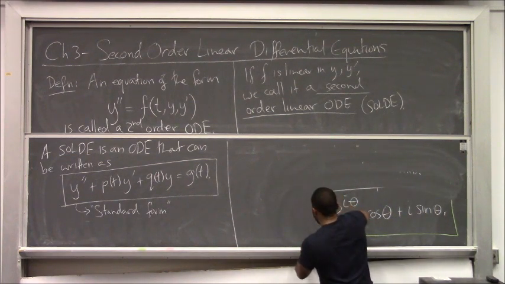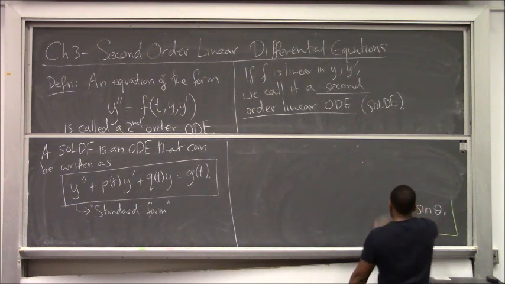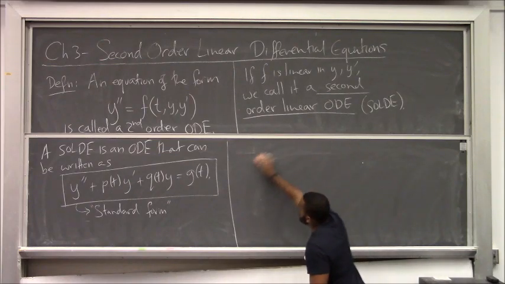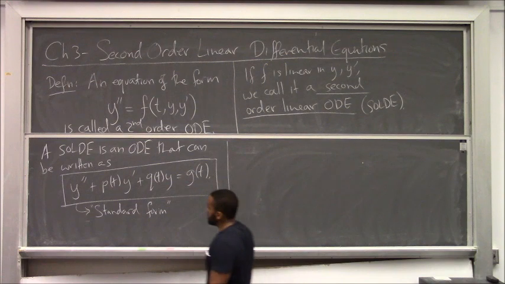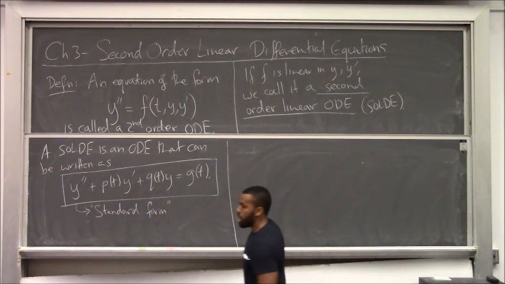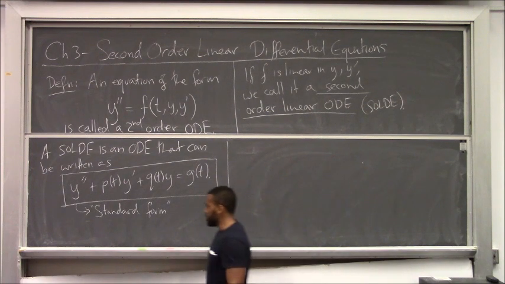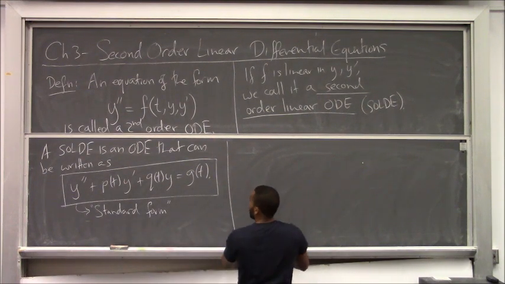And this is something we'll get into, but this equation is guaranteed to have a unique solution on any interval where the p, q, and the g are continuous, given two initial values. But we'll get to that later in the theoretical point.